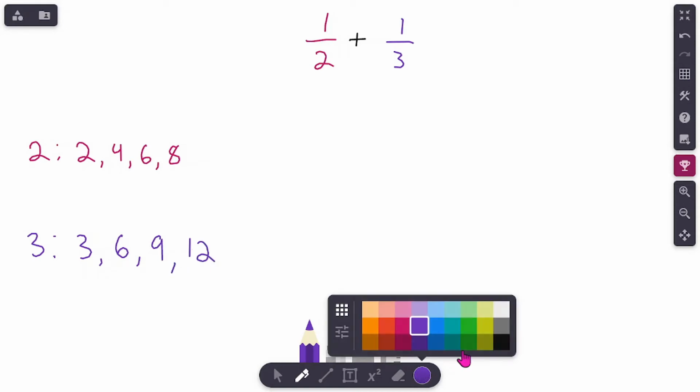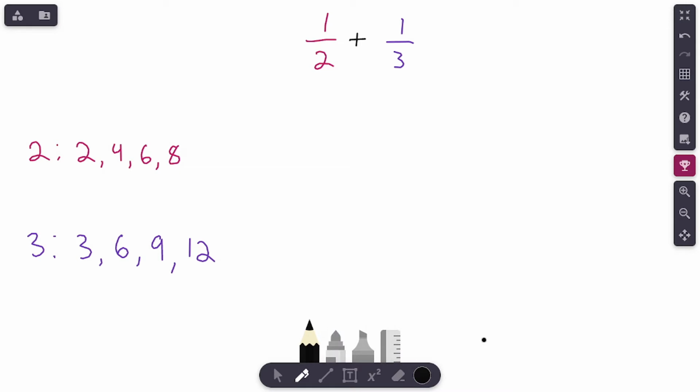All right, here we go. We are looking for a common denominator, a number they have in common. So let's start with the 2. 2, 2, 2. Nope, no 2s. So mark out the 2. Any 4s? 4, 4, 4. Nope, they don't both have 4. What about 6? Do they both have 6? 3, 6. Oh, there it is.